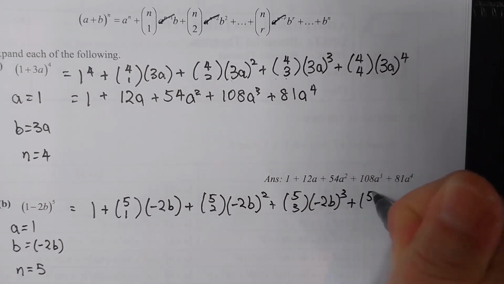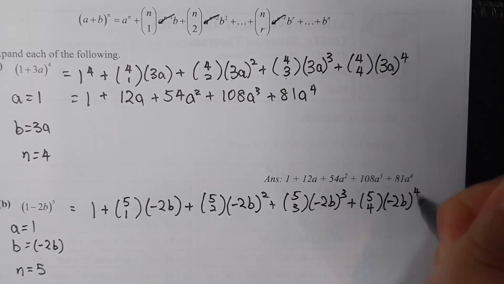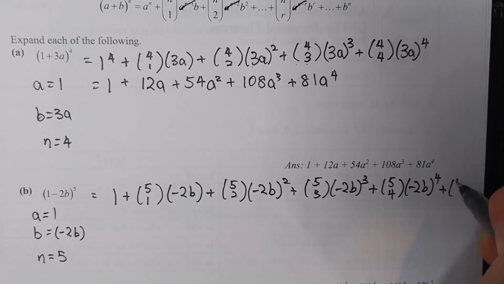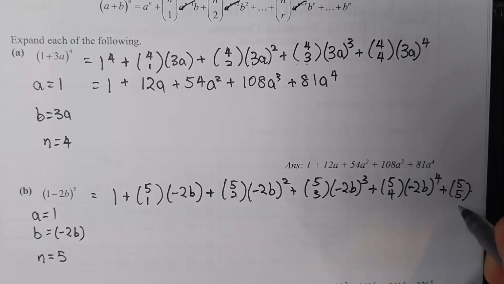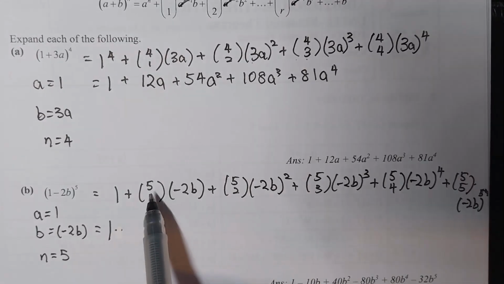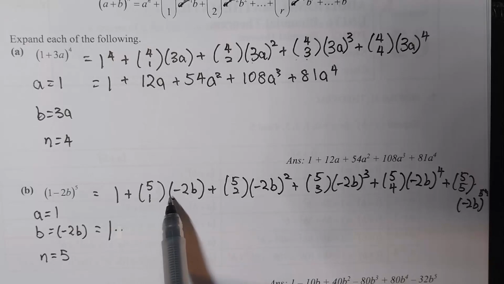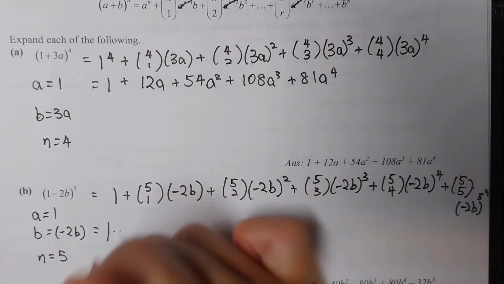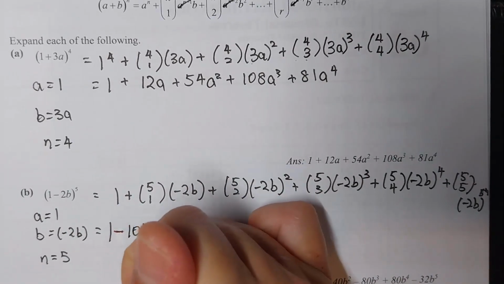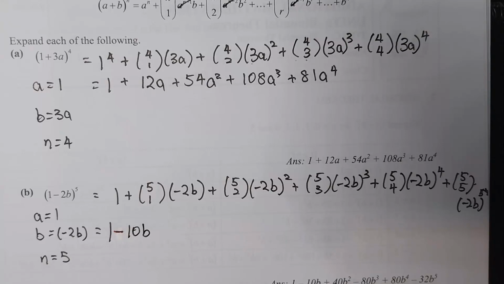And 5 choose 4, negative 2b power 4. And we'll end at this last one, which is 5 choose 5, negative 2b power 5. We will have here 1. So we have here 5 times negative 2, which is negative 10b. So we have minus 10b.